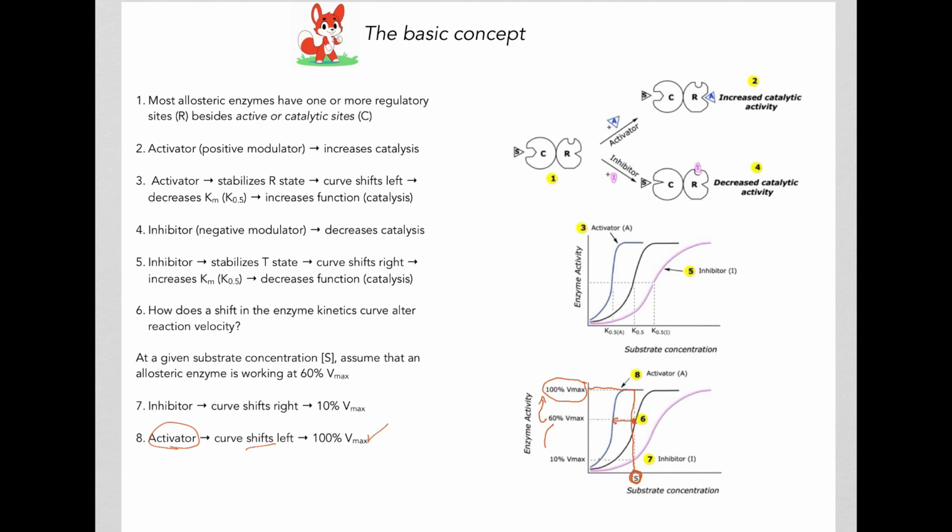In the presence of inhibitor, it works only at 10% Vmax. So clearly the presence of inhibitors or activators around the enzyme can make the catalytic function, the Vmax, go up or go down. So this is the basic concept of allosteric regulation.